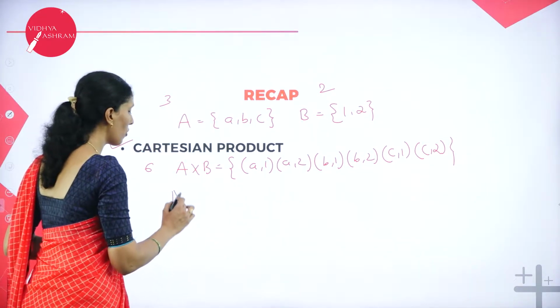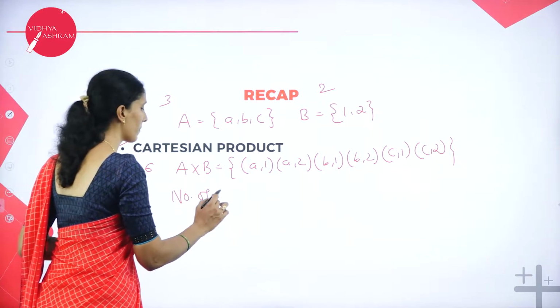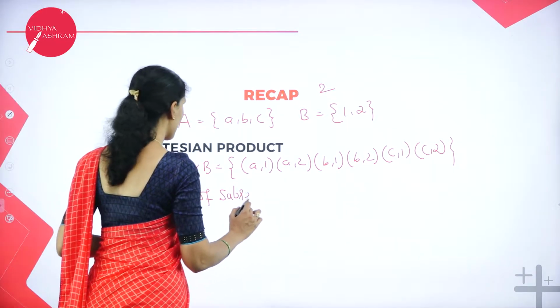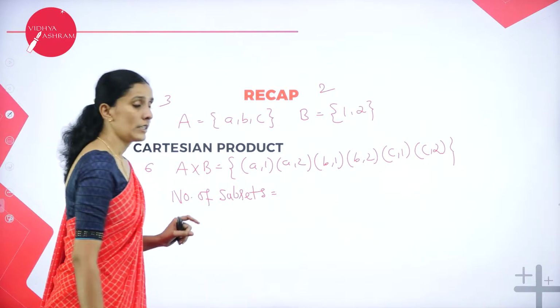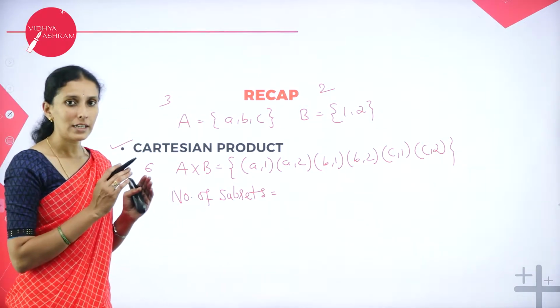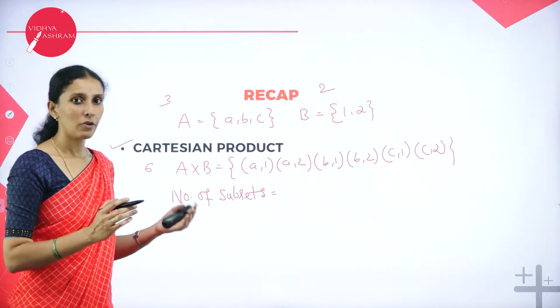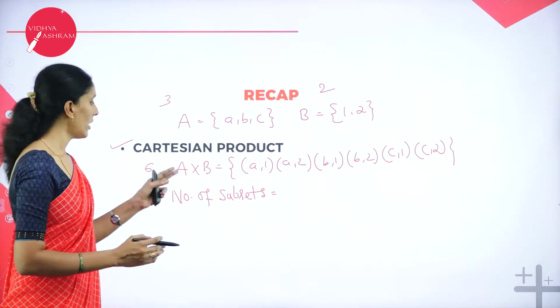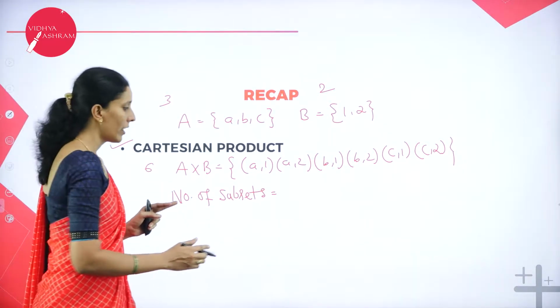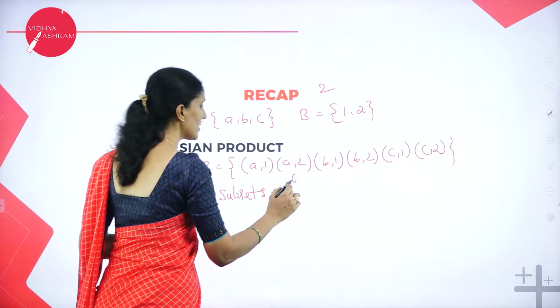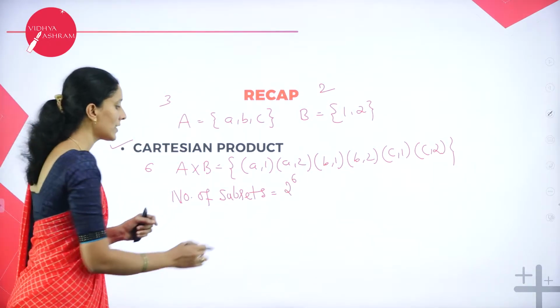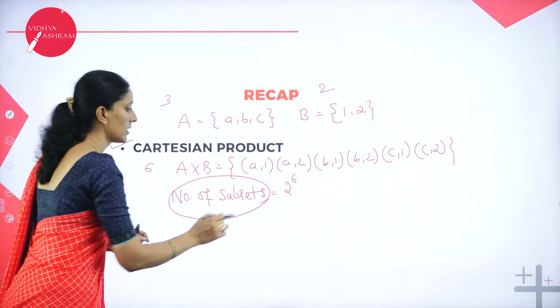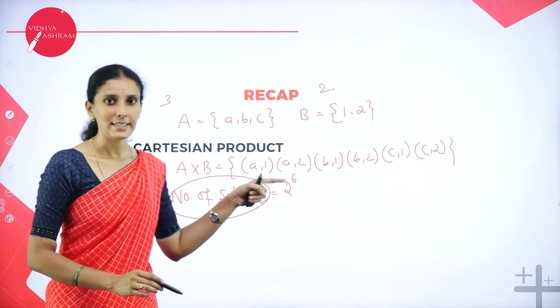What is the number of subsets of A cross B? We know that if a set has n elements, then the number of subsets is 2 power n. Therefore, A cross B has 6 elements, so the number of subsets is 2 power 6. This concept of subset we are going to study as a relation.